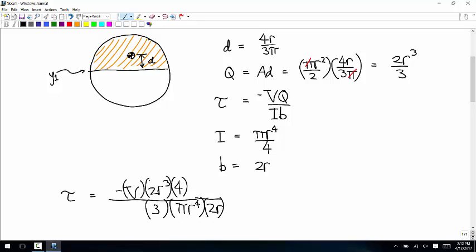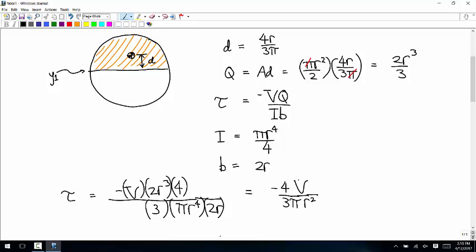Okay, so now we can cancel some of this stuff. We have 5 r's there, 3 there. So negative, oh yeah, 4/3, pi on the bottom, and then r squared, something like that, right?